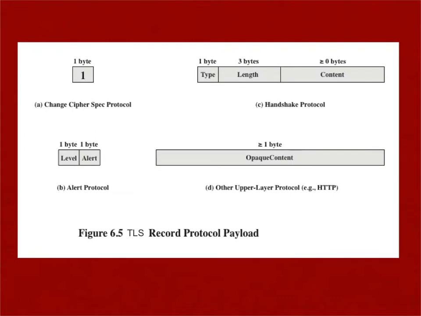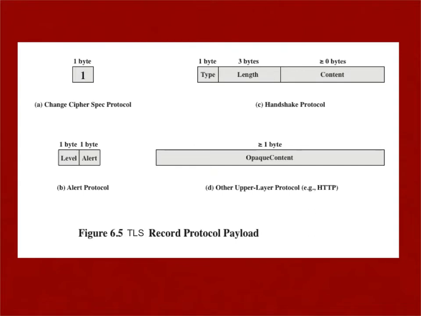And by change cipher spec, as we said, first we start with the handshake. The handshake creates the security context that we said is the state, which is the session state. And this session state bag contains all the different algorithms that are used for authentication, for encryption, and everything.